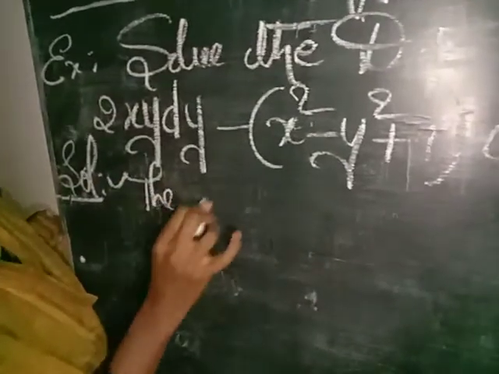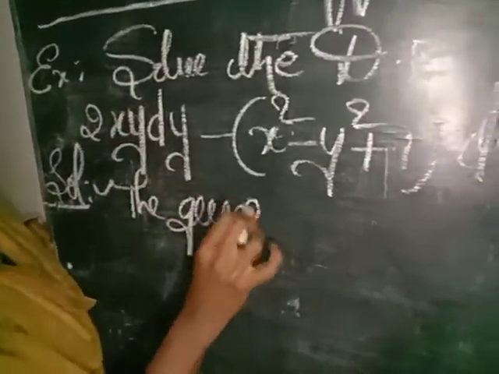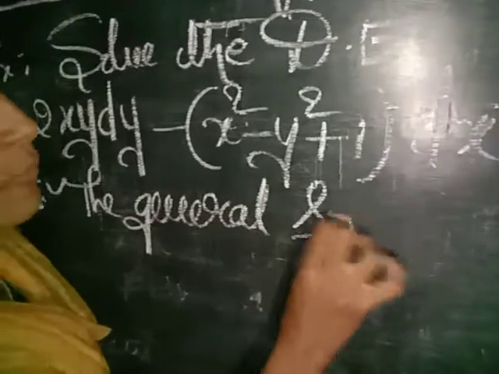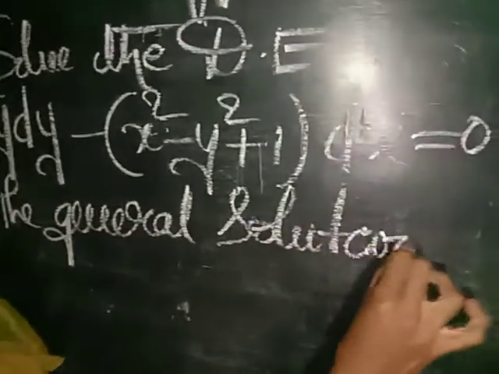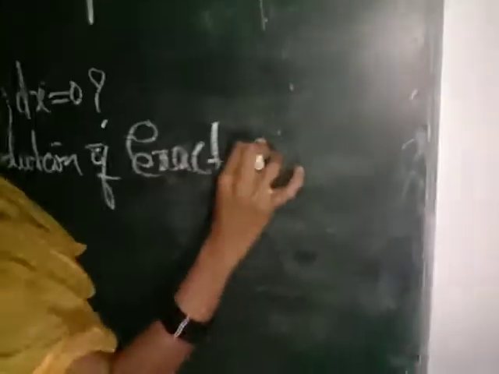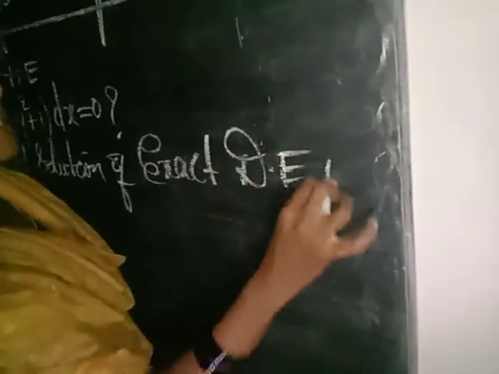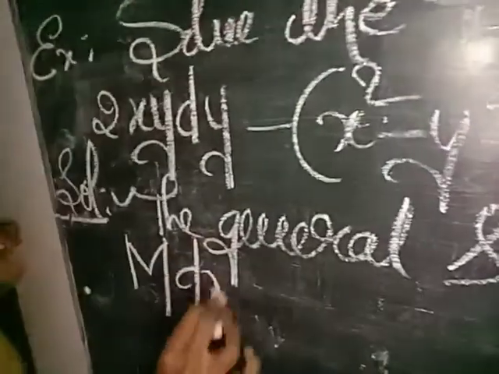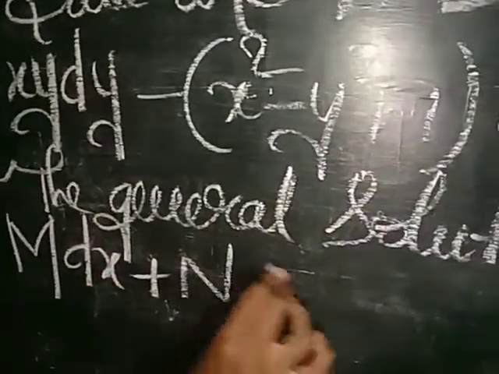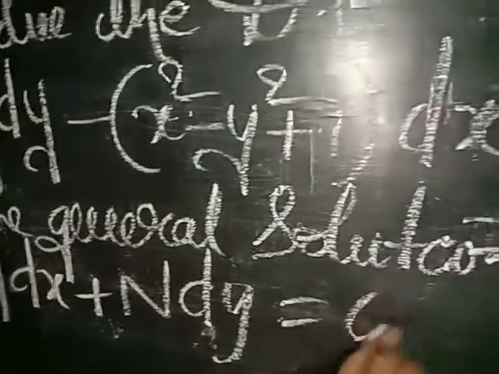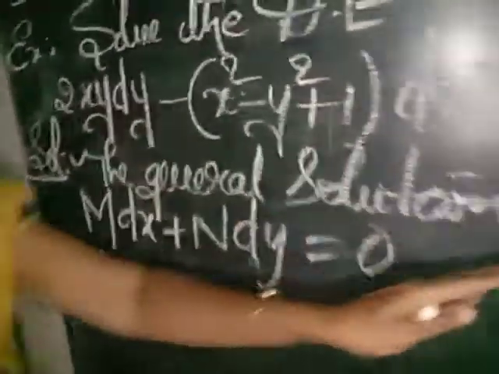The general form of an exact differential equation is M dx plus N dy equals 0.